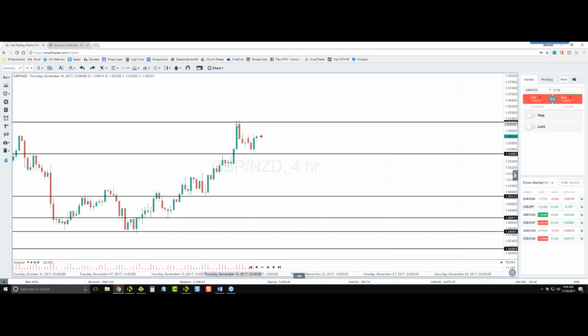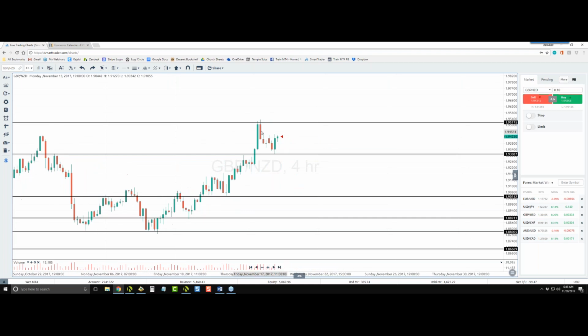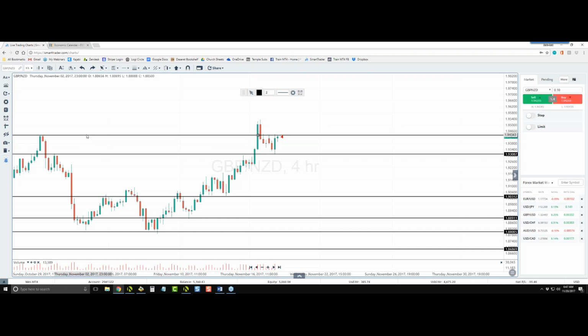It's just being tested by the bulls or by the bears, and then the bears immediately dropped it back below that previous resistance line.